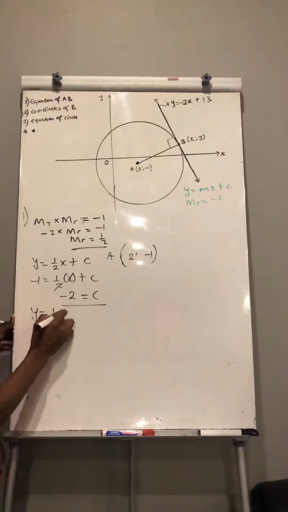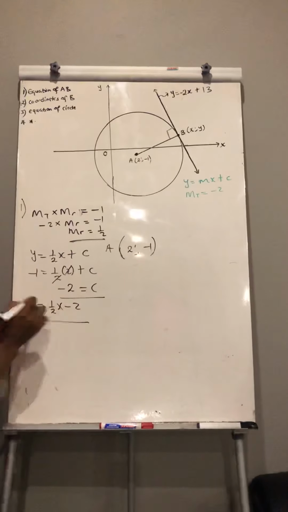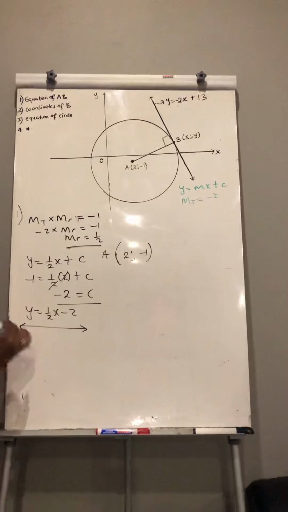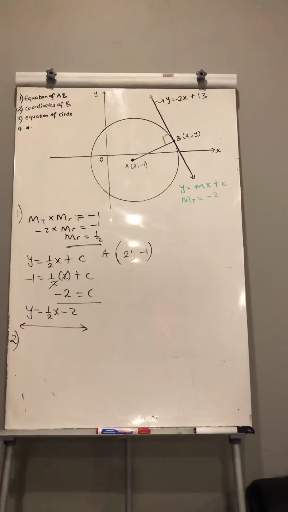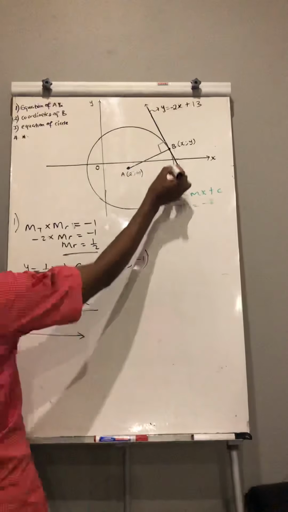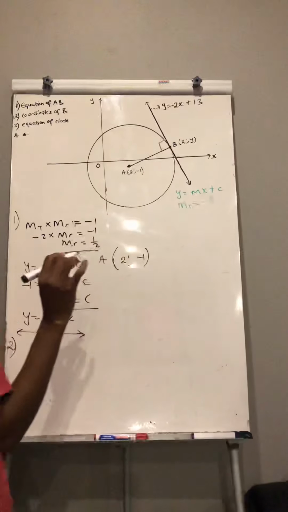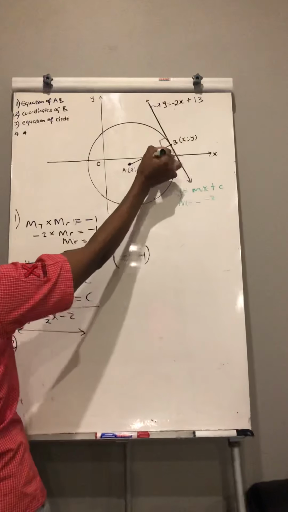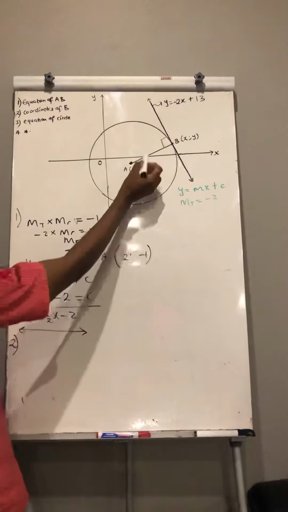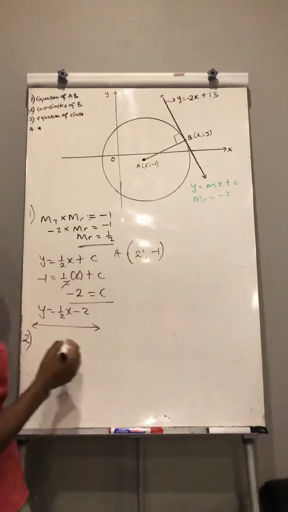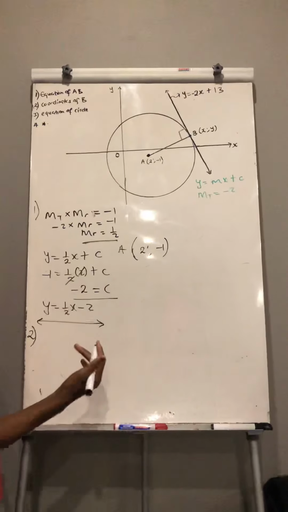So as you can see, this one will then be the equation of the line AB, as we were asked, the radius. Now the thing is, we now want to determine the coordinates of point B. At this point, we have the equation of the tangent, and now we just finished calculating the equation of the radius. So it's clear to us how point B is a point of intersection of these two lines.